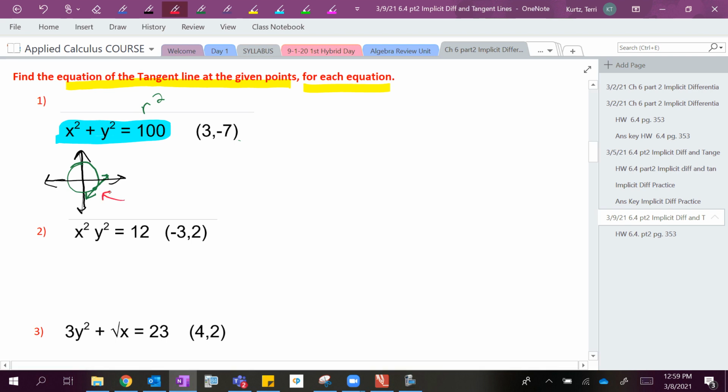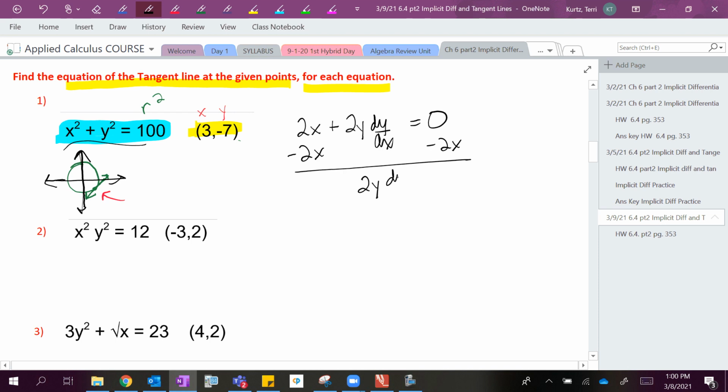Okay, so again, to create an equation of a line, we need a point, which we have. So we have our x and our y values. Now we need slope. So to find slope, we're going to take the derivative using implicit differentiation. So the derivative would be 2x plus 2y dy dx equals 0. Now we solve for dy dx.